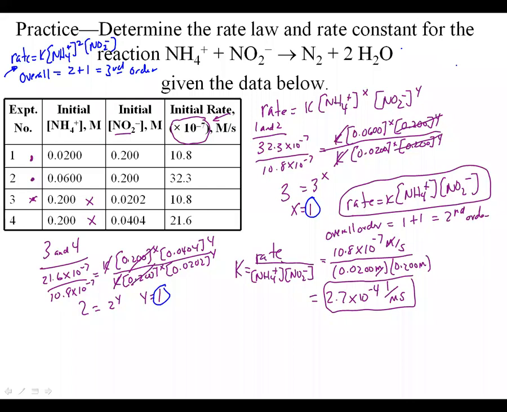So again, if all your orders are not 1, like it was in this made up example here, you do need to make sure that when you do solve for K, you would want to square it in that case. So again, just a heads up, although these few examples here, everybody came out to 1 in terms of the orders, they won't always come out to 1.